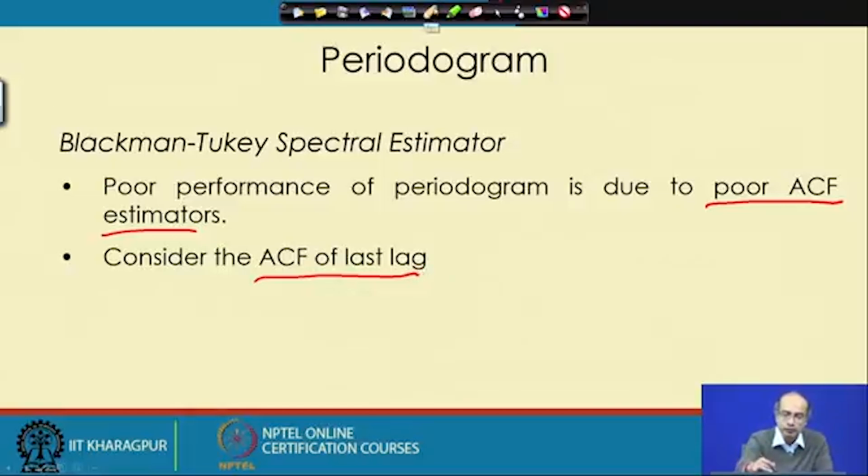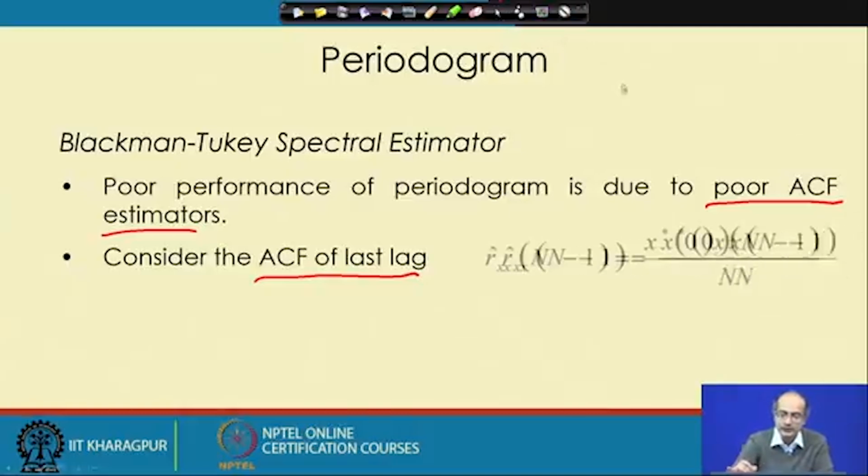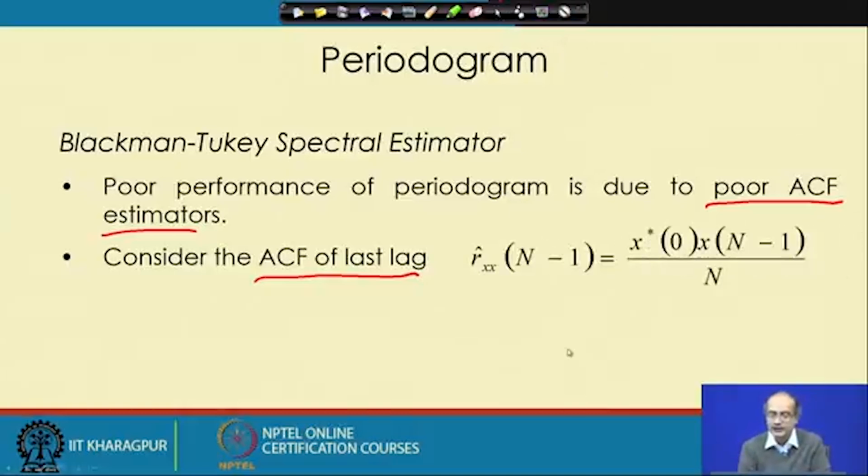For that, what do we get? The estimated value is x star[0] times x[N-1] divided by N. Now, what is so special about it?